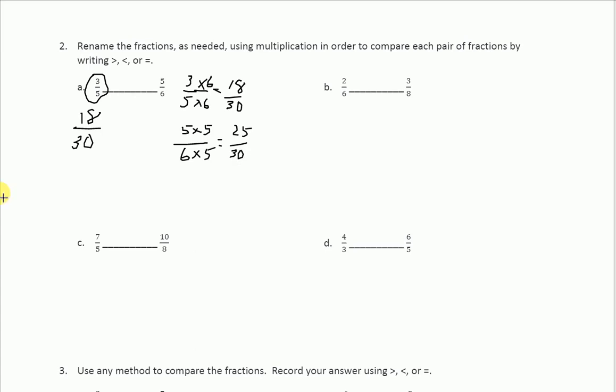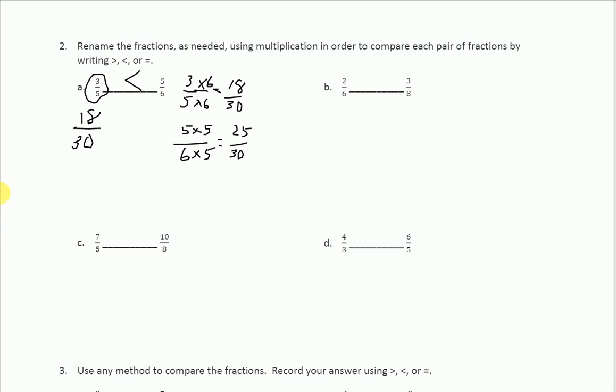And so this one's 25, this one's 30, so we have, this one is bigger. Okay. 25 is bigger than 18.